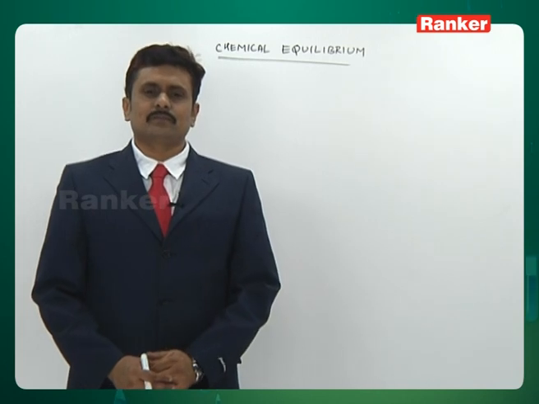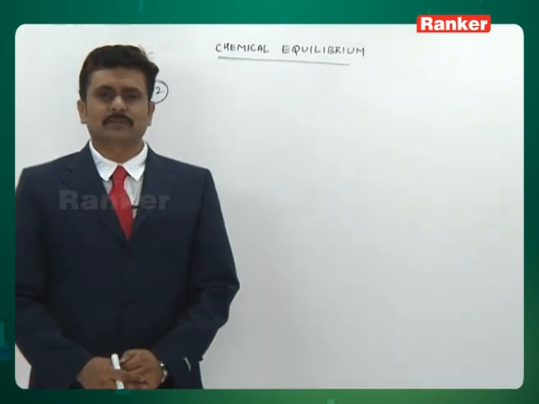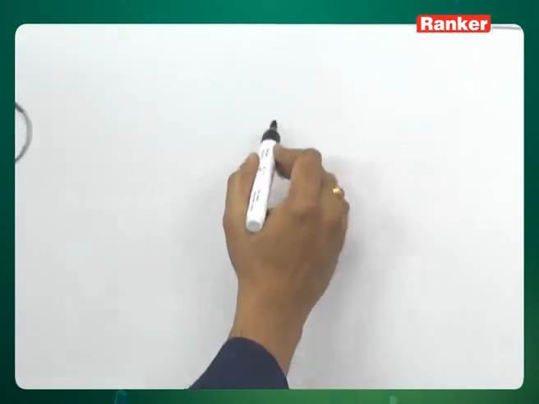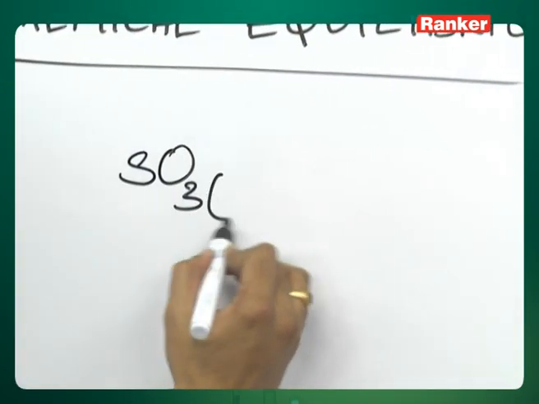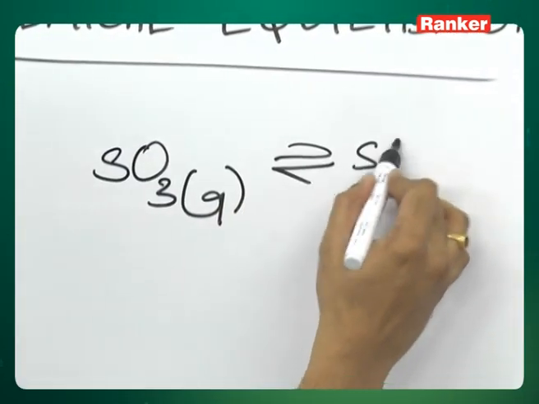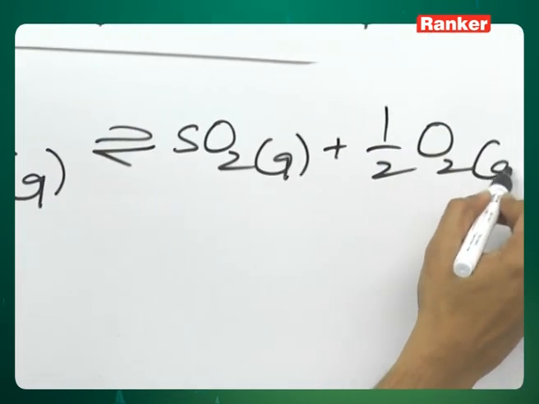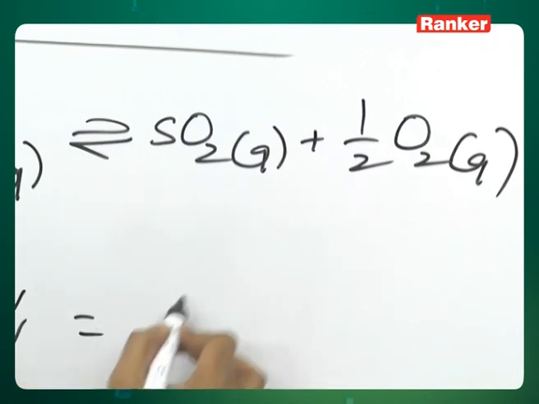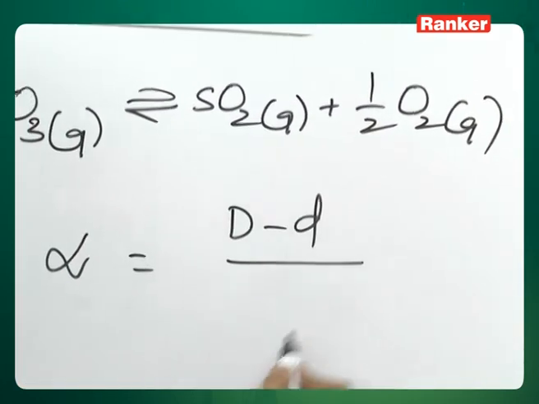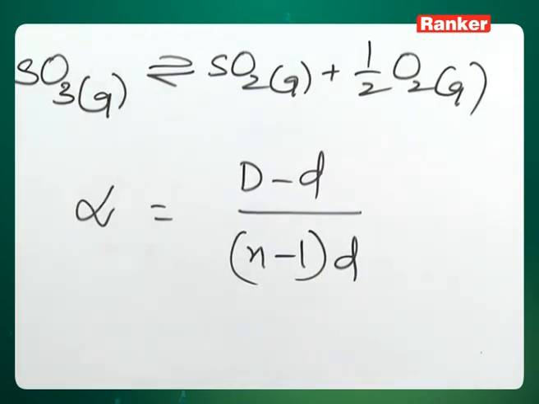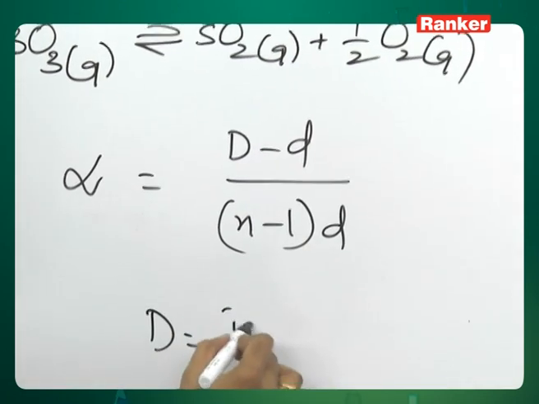We have the equilibrium of dissociation of SO3. The molar mass at equilibrium was given to be 60. Then the degree of dissociation of SO3 is asked. Now, when I take the dissociation of SO3 into SO2 and O2, you know the relationship between degree of dissociation and vapor density as this, where capital D is the initial vapor density.